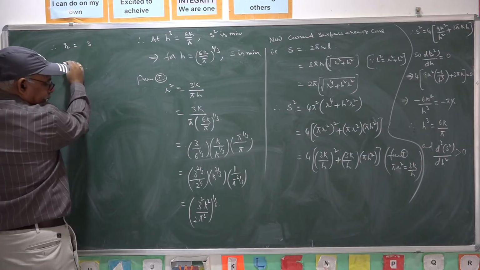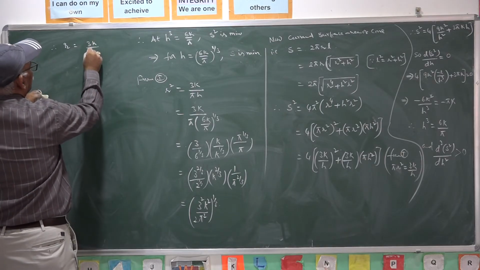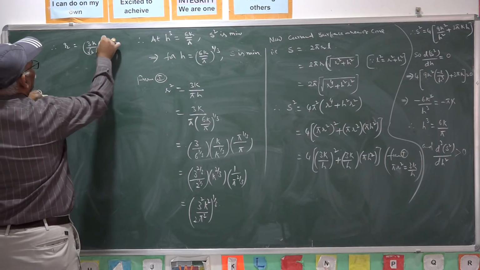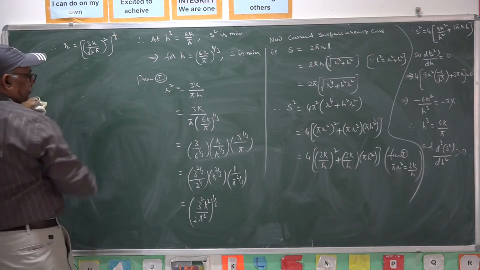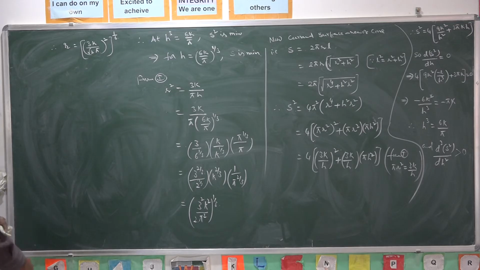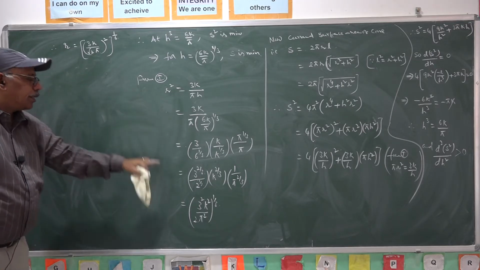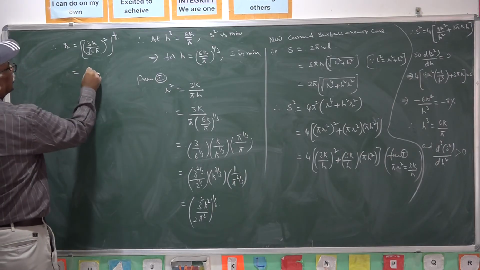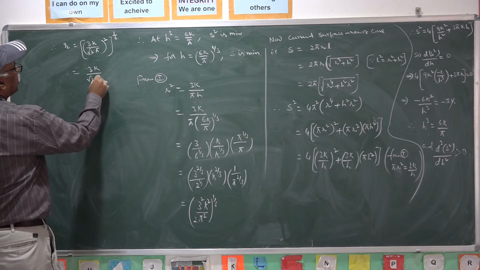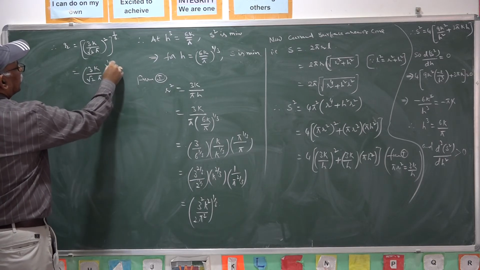This can be written as 3k by root 2 pi whole square power 1 by 6, r square. From r square, I am finding r, which is 3k by root 2 pi whole power 1 by 3.